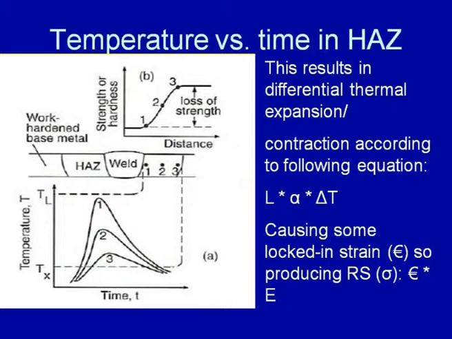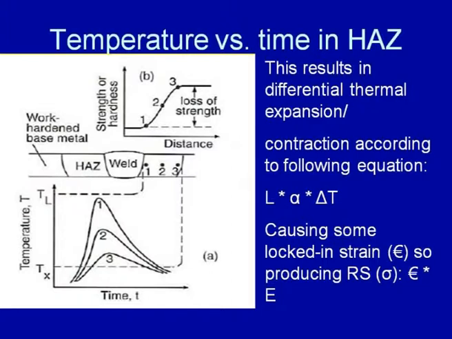Because of this differential expansion and contraction, some amount of strain is always left. The strain left after cooling down to room temperature, if multiplied by the modulus of elasticity of the material, gives the amount of residual stress locked in.